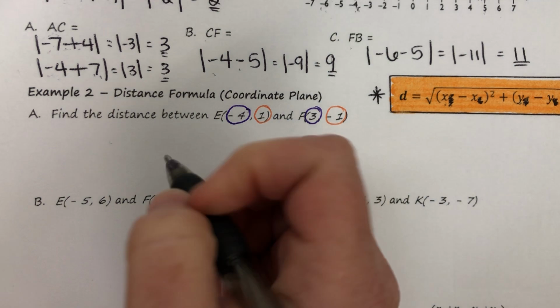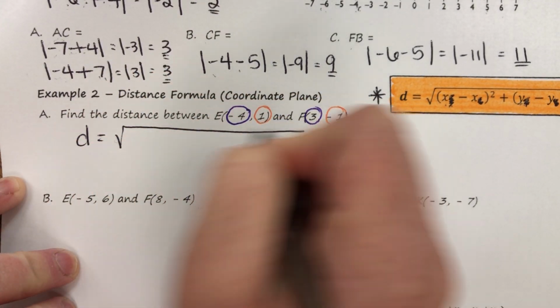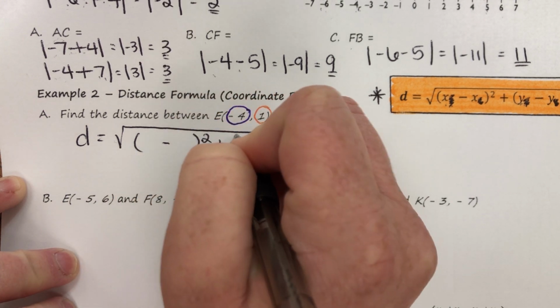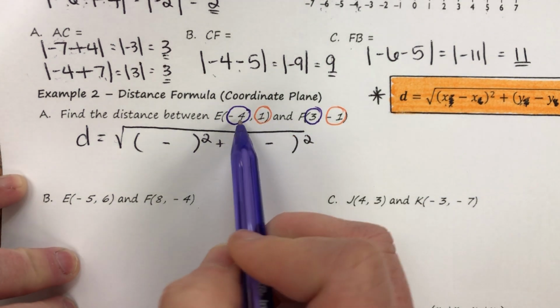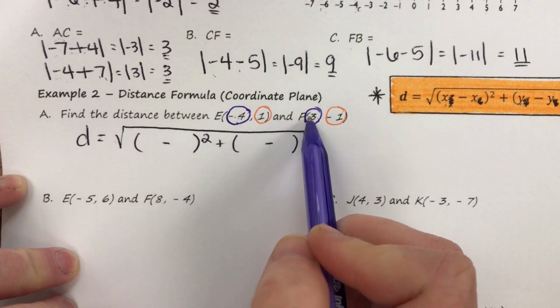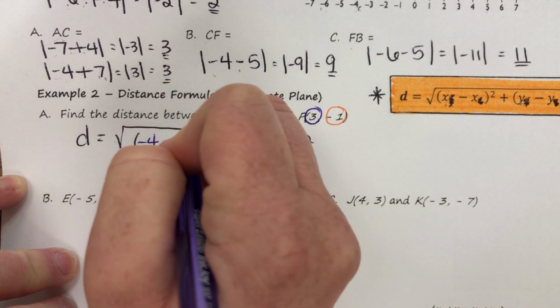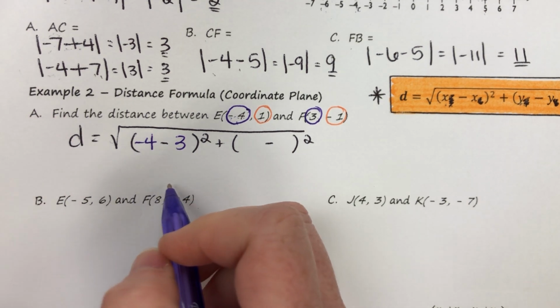Okay, so if I'm doing the distance formula, D equals the square root of X minus X squared plus Y minus Y squared, right? It does not matter which order I do this in. So whether I use -4 minus 3, or I can use 3 minus -4, it doesn't matter.